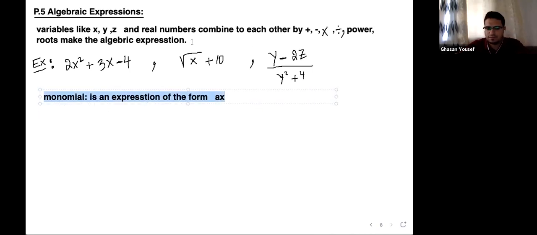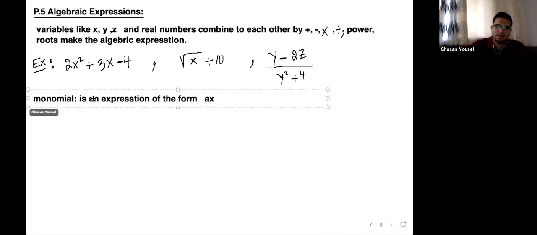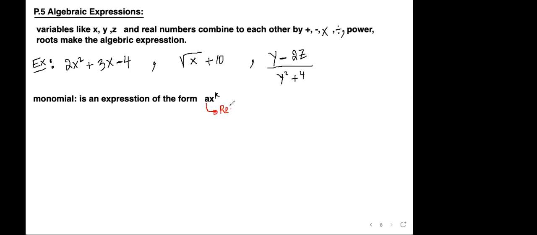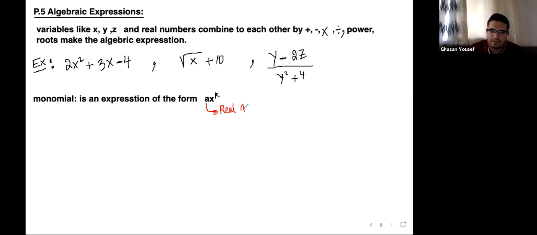So the monomial is an expression of the form a times x to the power k. This a here is a real number. Doesn't mono mean one? Yes, it means one, like I can use one term only.